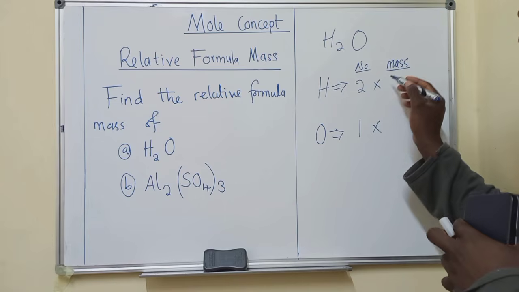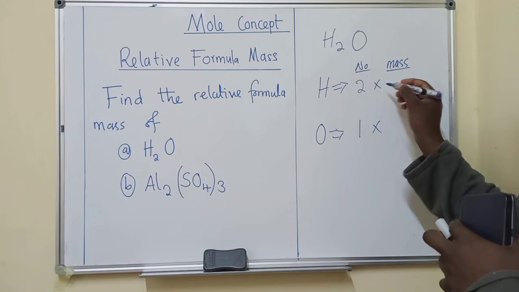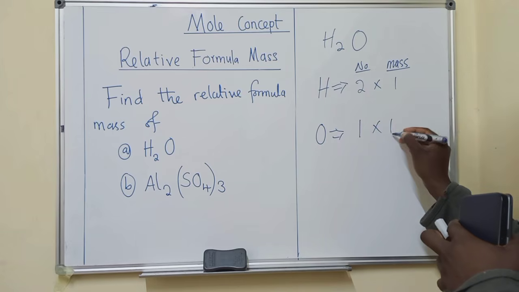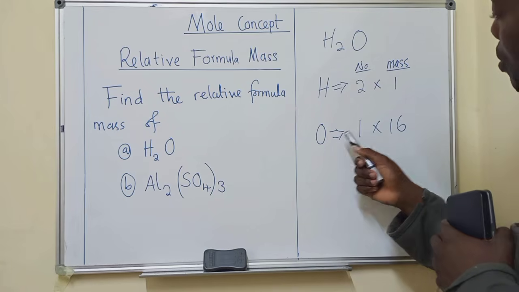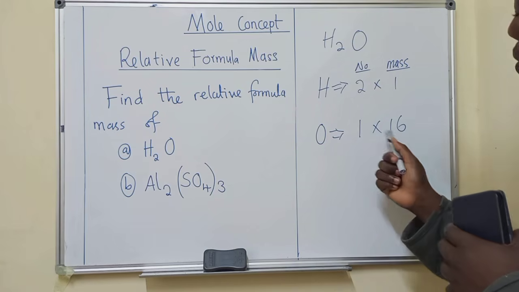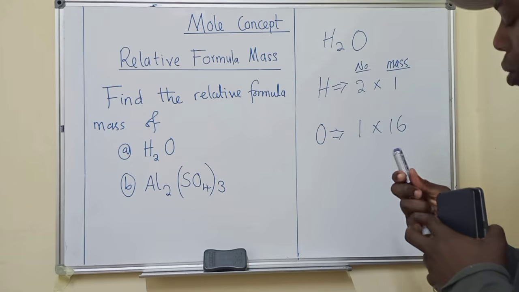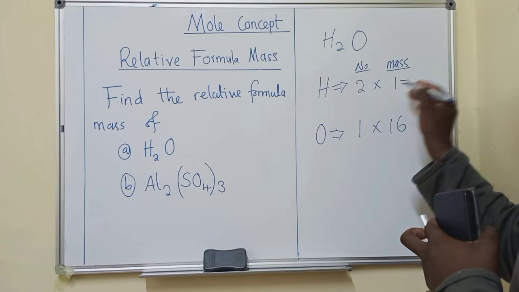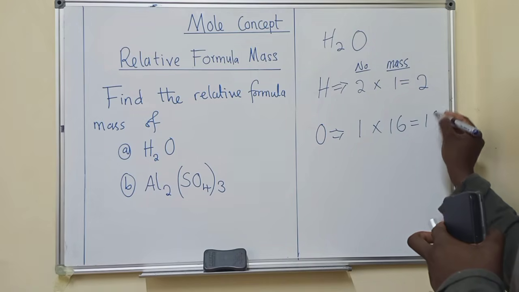For mass number, you go to the periodic table and find the mass number of hydrogen. It's 1. The mass number of oxygen is 16. So just get your periodic table and go to where oxygen is. The number that is on top is your mass number. And for hydrogen, the number that is on top is also the mass number. So now you multiply 2 times 1, it's 2. 1 times 16 is 16.